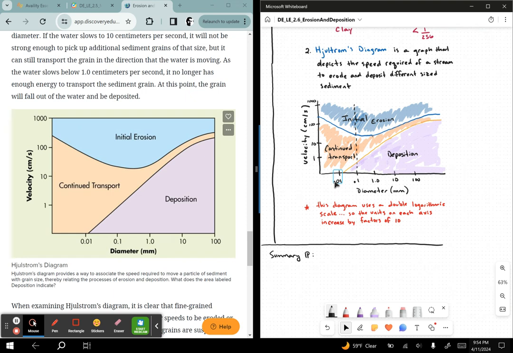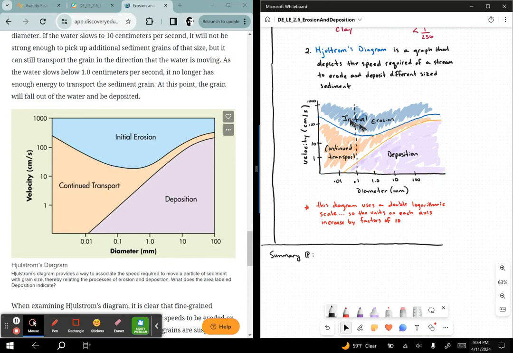You'll notice also that on the x-axis, the sediment size is also logarithmic, starting with 0.01 millimeters to 0.1 to 1 to 10 to 100, a factor of 10. 0.01 times 10 is 0.1, 0.1 times 10 is 1, 1 times 10 is 10, 10 times 10 is 100. So we would say that this, as you can see here in red, I said that this is a double logarithmic scale, meaning that you have two scales that are logarithmic, double, okay?